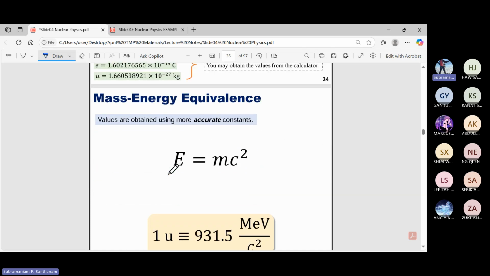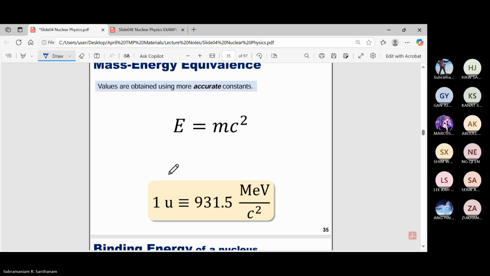Here it has been worked out. To show you, 1U is equivalent to 931.5 MeV over c squared.